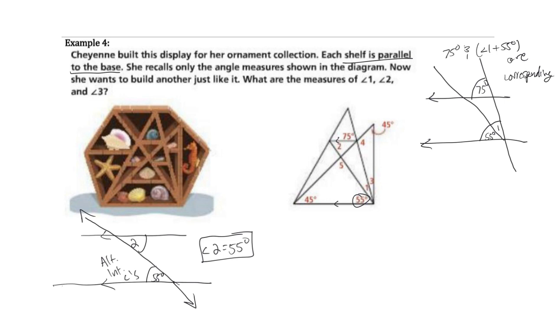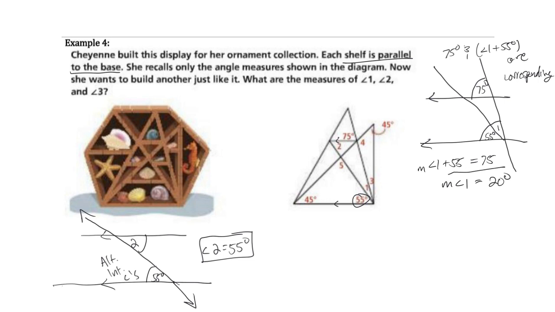So angle 1 plus 55 degrees equals 75 because, again, they're corresponding. So we set them equal to each other. So angle 1 is equal to 20 degrees.